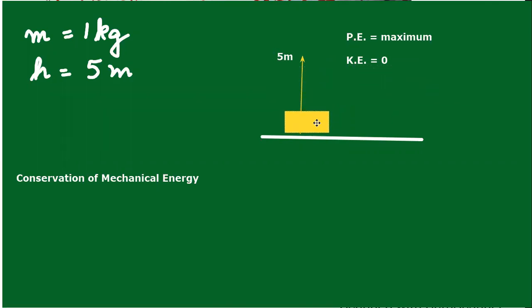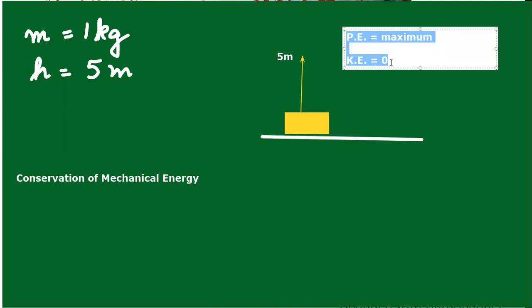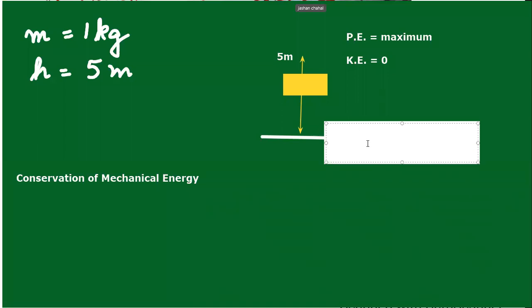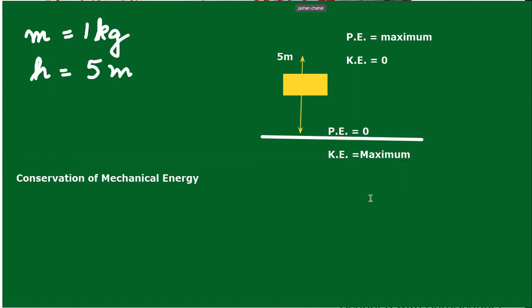As soon as it strikes the ground, then what happens, children? Potential energy becomes 0 and kinetic energy becomes maximum. So kinetic energy will now become maximum while your potential energy will become 0.